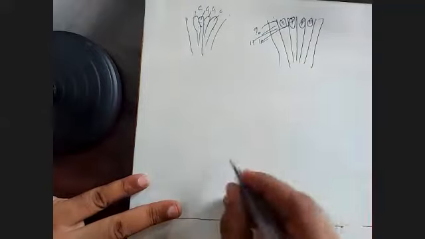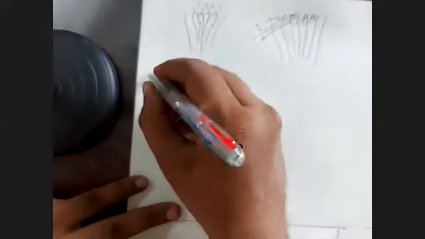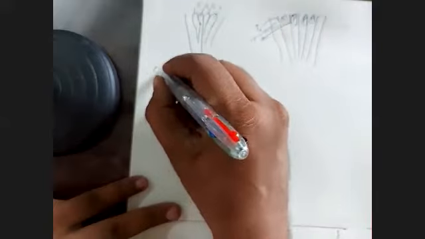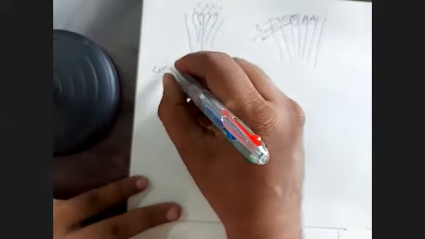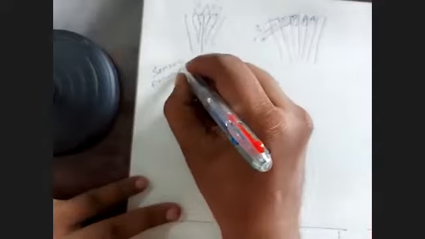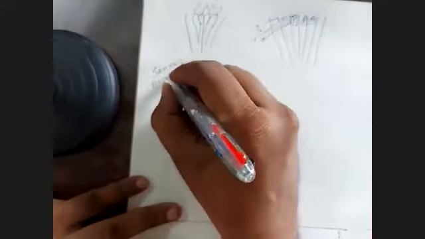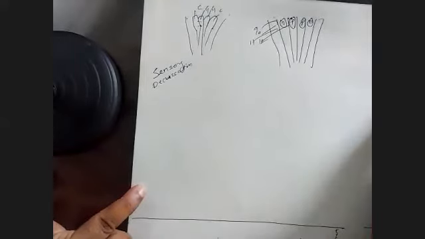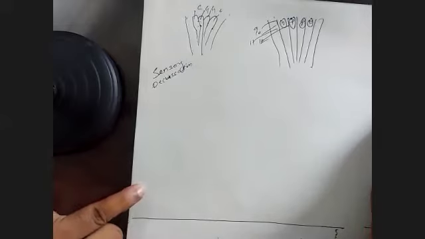So now when we draw the section, when we are counting from below, the lowest one is the section of pyramidal decussation, which we have studied. And now we are drawing the section at the level of sensory decussation.